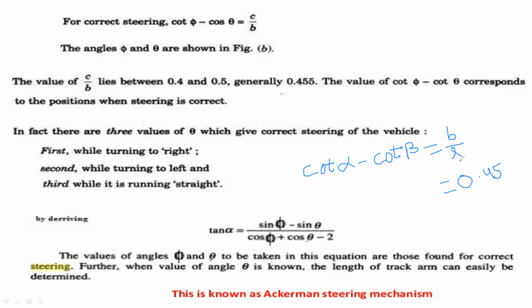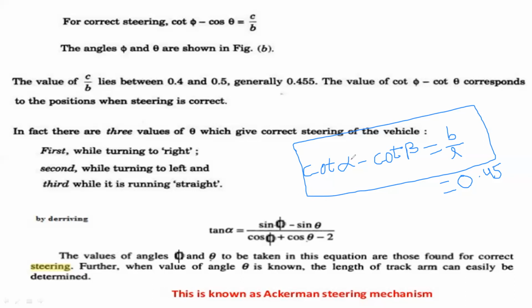So it is the final formula of the Ackermann steering mechanism: cot alpha minus cot beta is equal to B by L. This B by L value is 0.45, which is between 0.4 and 0.5. So we can maintain the steering angle in correct position in automobile vehicles.